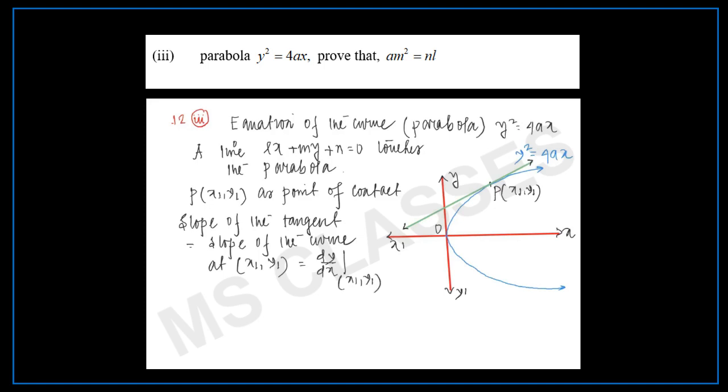Now this gives us 2a by y1 as the slope.